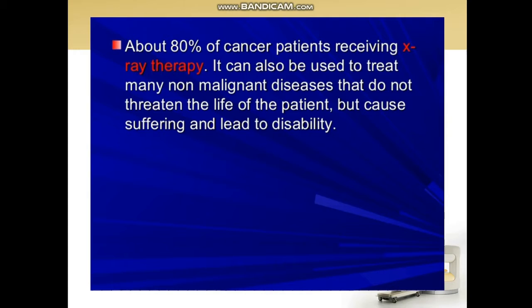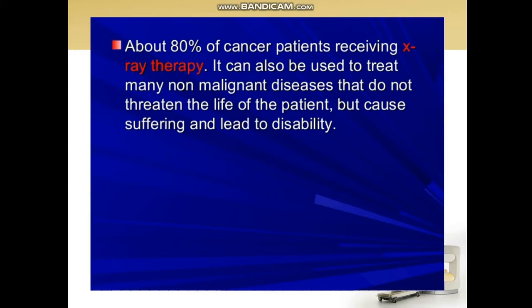Okay, but what is the source in external beam radiotherapy methods? That's from which rays we use in this type of radiotherapy. About 16% of cancer patients receive X-ray therapy, one type of external beam radiotherapy.